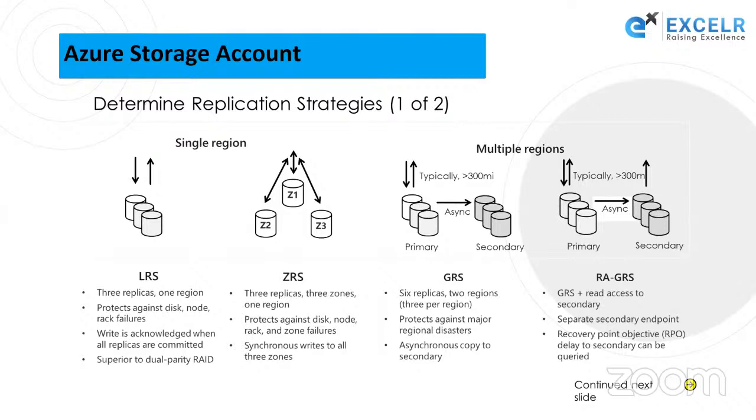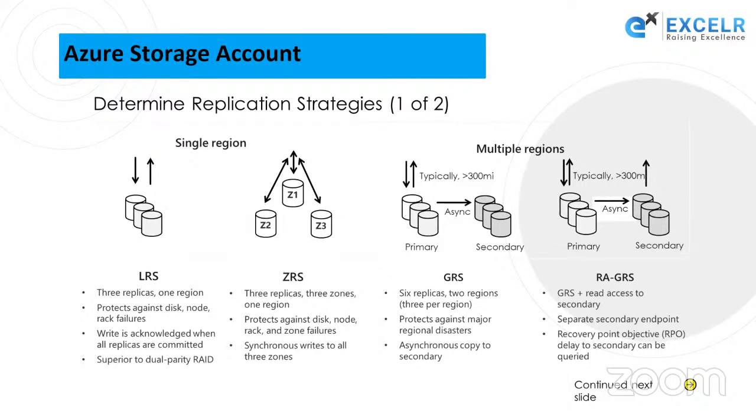Once your data is copied into a primary data center, that data is going to be copied to a secondary region, and this data is going to be copied asynchronously, which means there will be some sort of lag when you are copying your data from one particular region to another region.